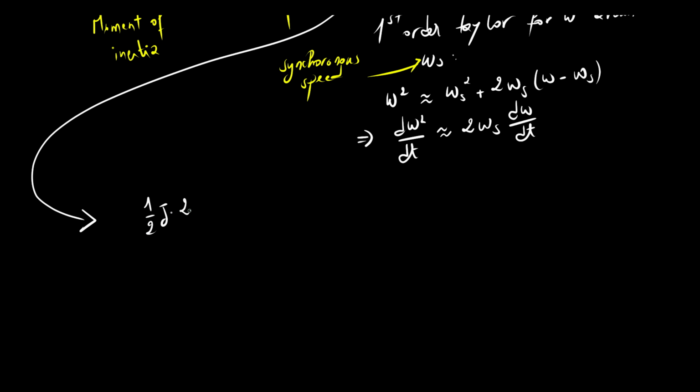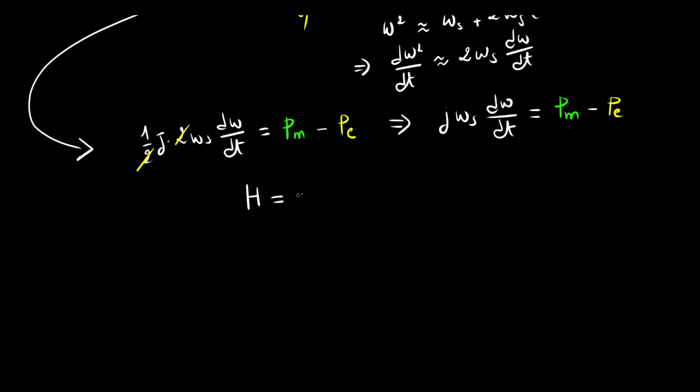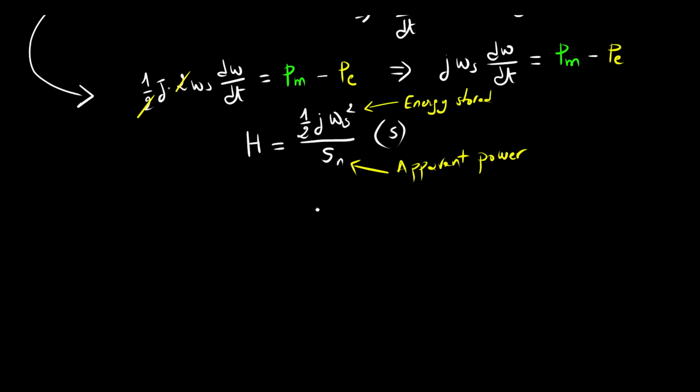Now we substitute back into our equation. At this point, we already have a neat expression. The rate of change of rotational speed depends on the difference between mechanical and electrical power. But instead of using inertia and speed separately, power system engineers often use the inertia constant, H, to normalize inertia and simplify equations.